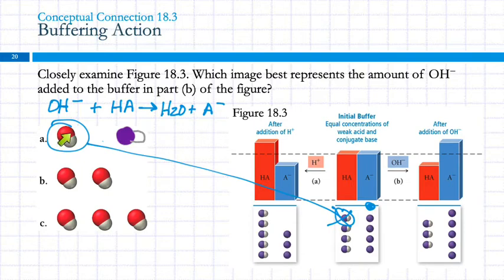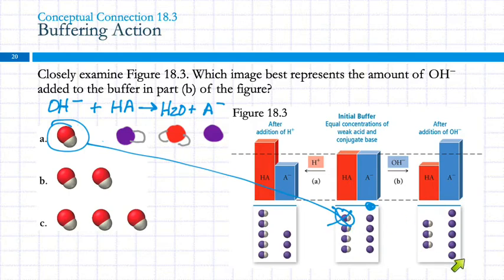So here's my hydroxide, and here's a very bad representation of this guy, the HA. So when these react, I'm going to end up with the A minus and a water molecule. Okay with that?